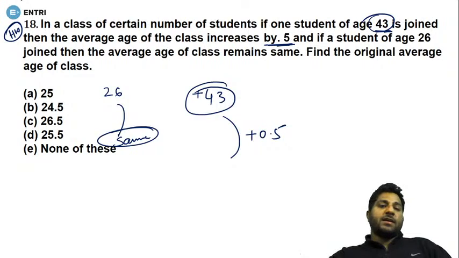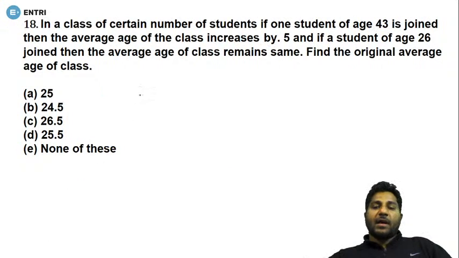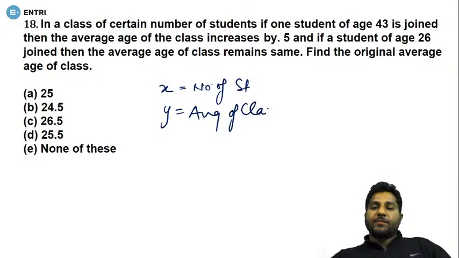So I think no need to give this kind of question as homework. Let me give you the answer. Look at this. Let x be the number of students and y be the average age of the class, so the total age will be xy.